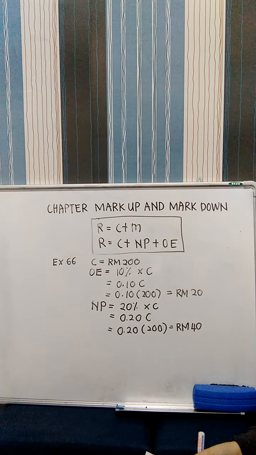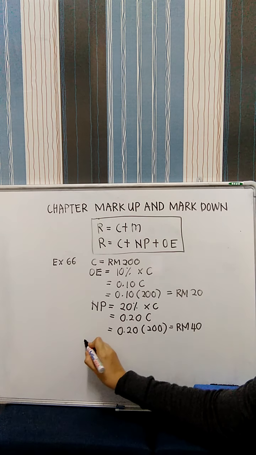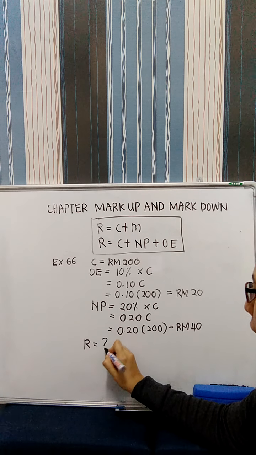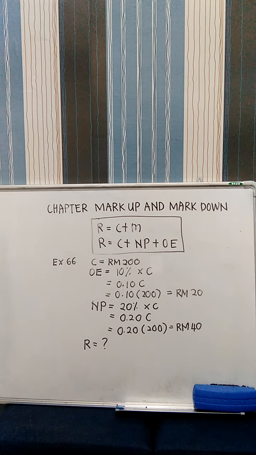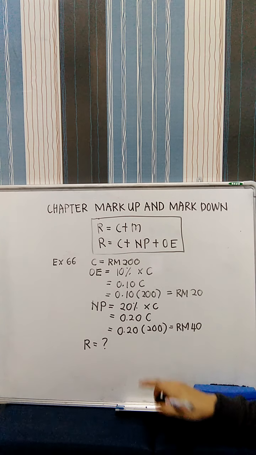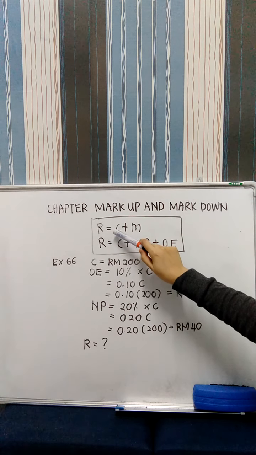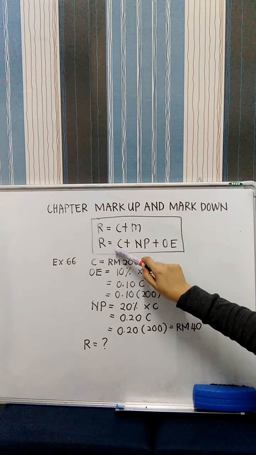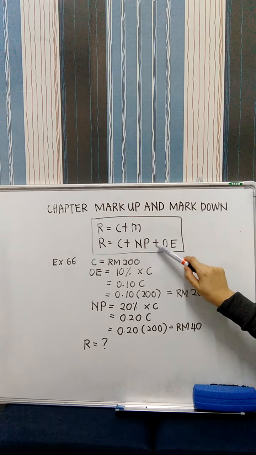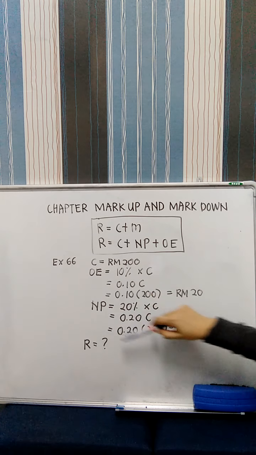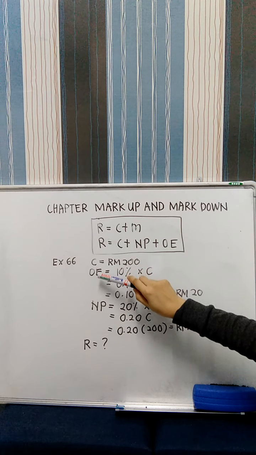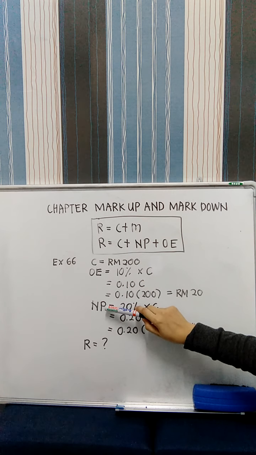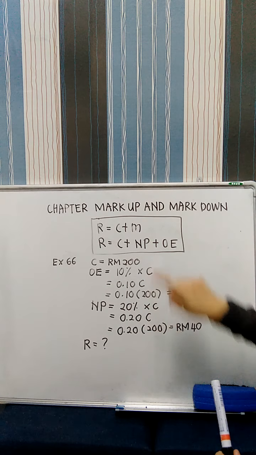Next. The question asks, find the retail price. You need to find the R. So identify the suitable formula for the R. For R, you have the formulas C plus M and C plus NP plus OE. From this situation, you have C, OE, and NP, so you choose the second formula.